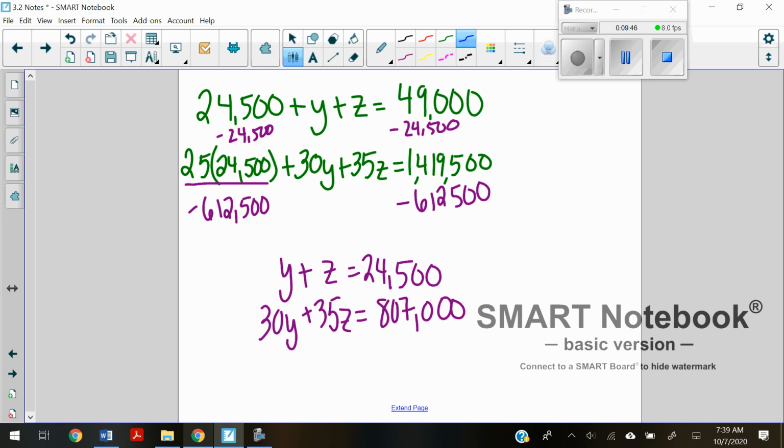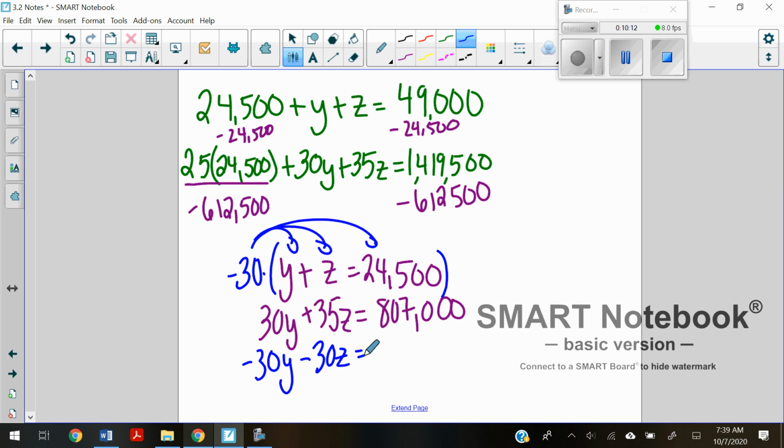Okay, they both have y and z, so I need to eliminate one of them. I'm just going to pick the y. So that means I'm going to take my top equation, and I want it to be opposite of positive 30. So I'm going to times it by negative 30. Now every single piece needs to be multiplied by negative 30. So this becomes negative 30y minus 30z equals negative 735,000.